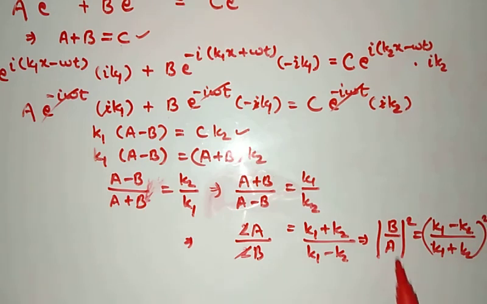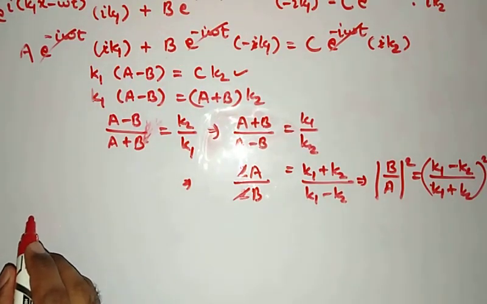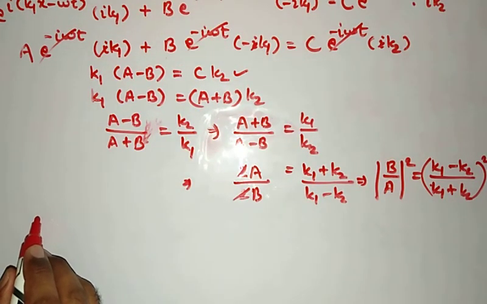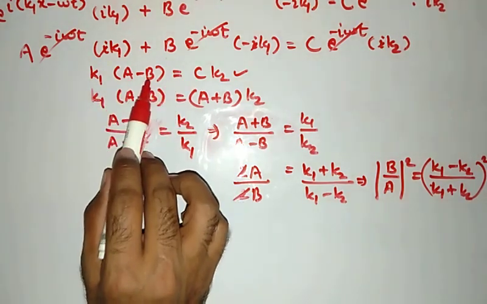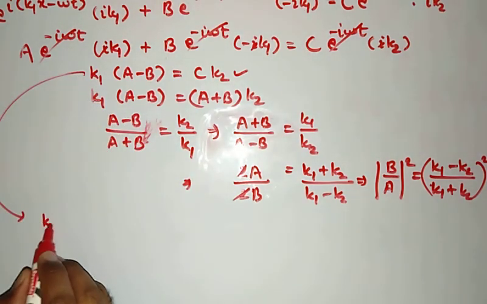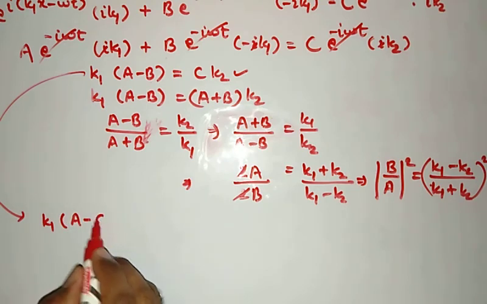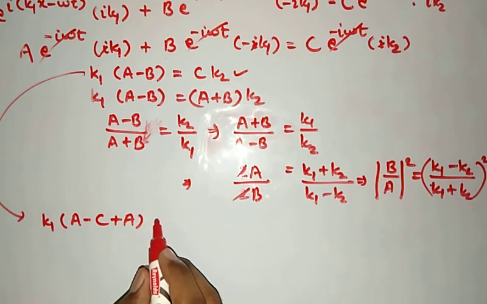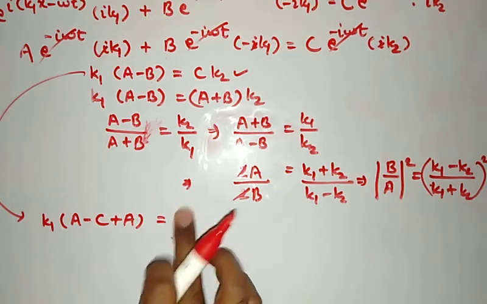Okay, so we have now the relation for B and A, and the same for C and A. For this, again use the relation. So here we can put the value of B. So now from here again, k1 (A minus B) with B replaced, so this will become C plus A, equal to C k2.